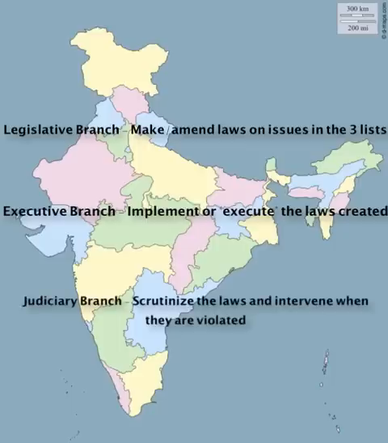And lastly, the judiciary branch scrutinizes these laws made by the legislative branch before they are implemented, and it also metes out justice when these laws are violated. To put it very crudely, the legislative branch makes laws that the executive branch implements, and the judiciary branch exists to settle disputes when these laws are violated.